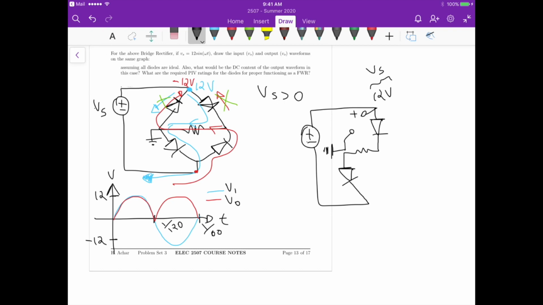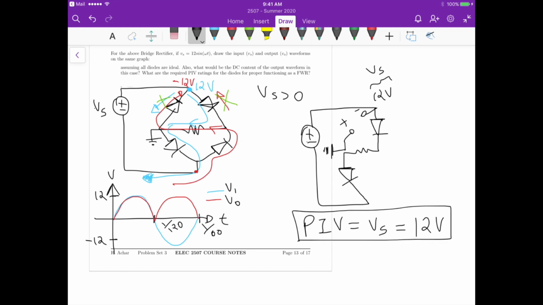So the inverse voltage that it needs to hold is just the same value as the source voltage. So in this particular case, the peak inverse voltage is just equal to Vs, and that's because it's an ideal diode. Remember that for a non-ideal case, we would have some voltage for the battery model.